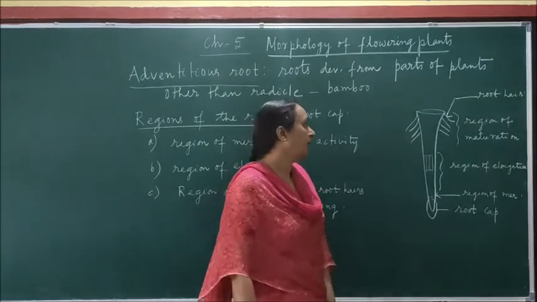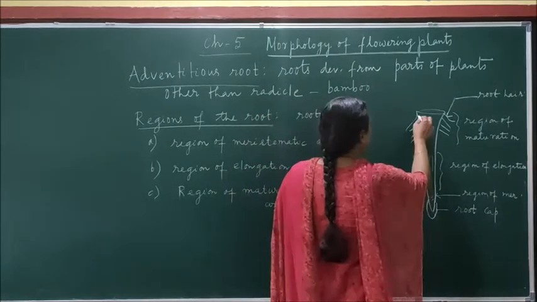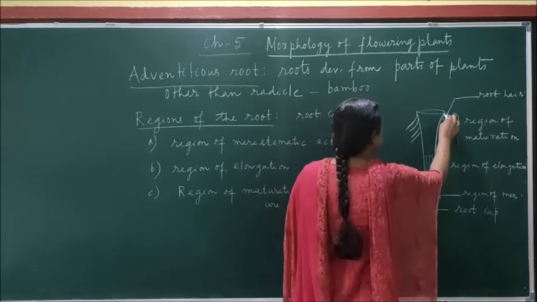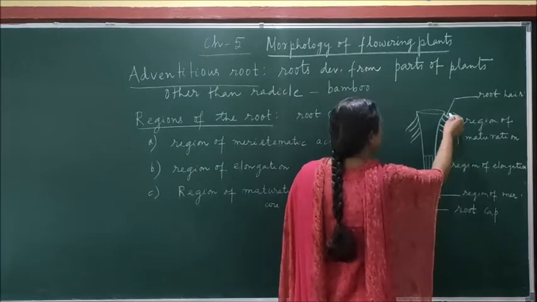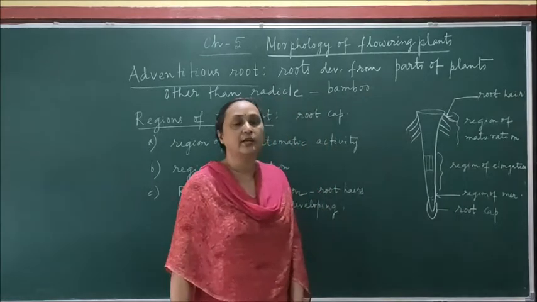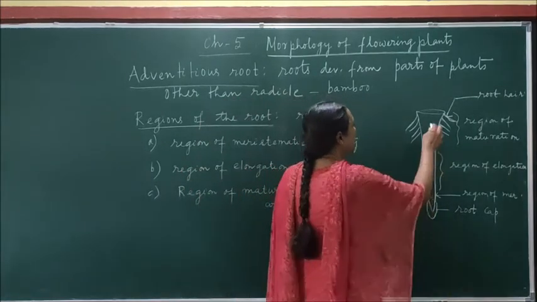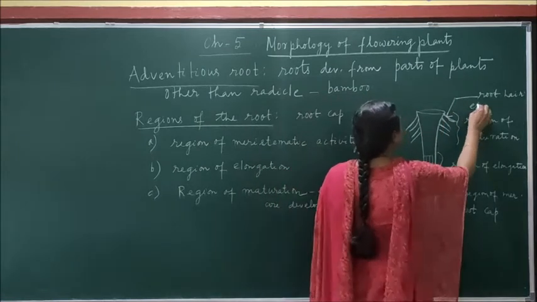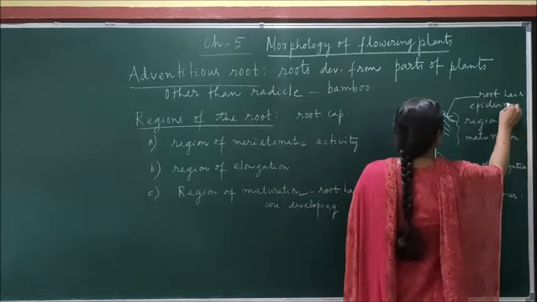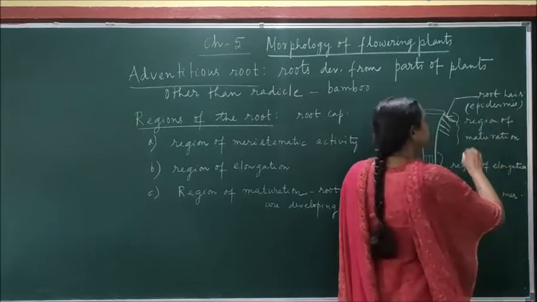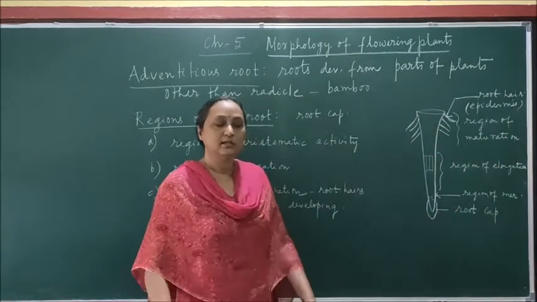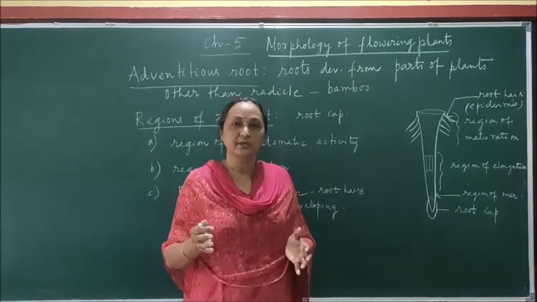Also you can find thin threadlike structures developing from this area, and these are called root hairs. The root hairs actually develop from the epidermis. If you study the anatomy of the root, the outermost layer of the root is called the epidermis.